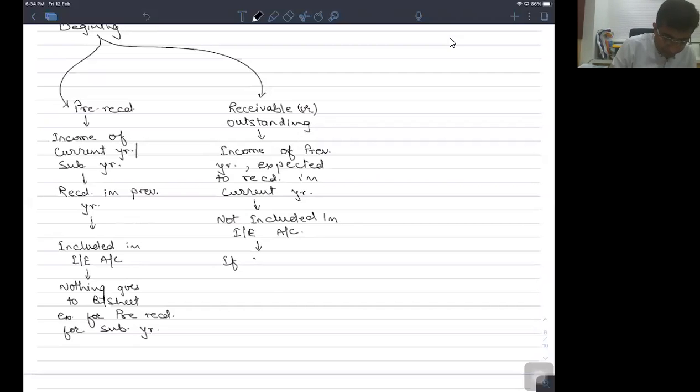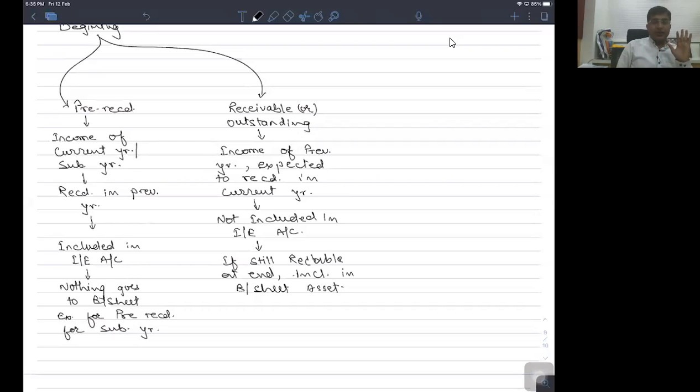If still receivable at end, included in balance sheet asset side. Correct? If still receivable at the end, then and only then it will be appearing in the balance sheet asset side.